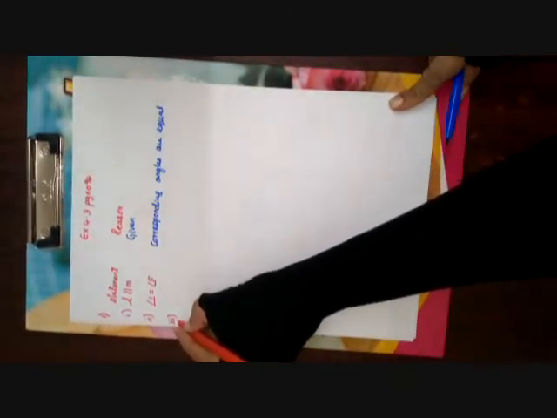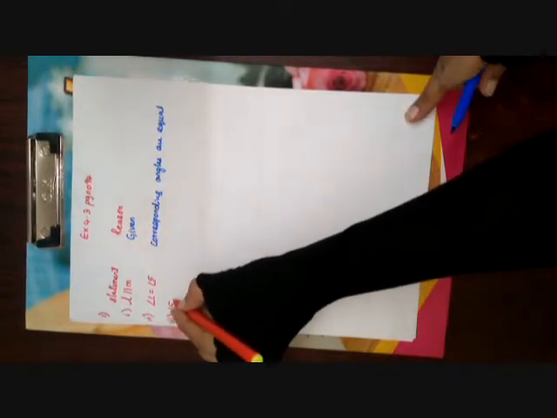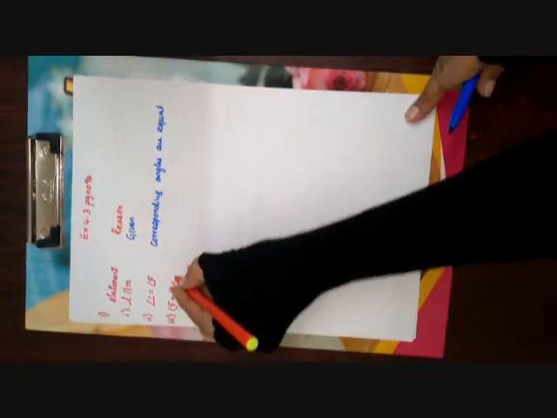Now let us write the third statement. What is the third statement given to us? They said angle 5 plus angle 8 is equal to 180 degrees. Now let us see the figure then. Why are they saying so?